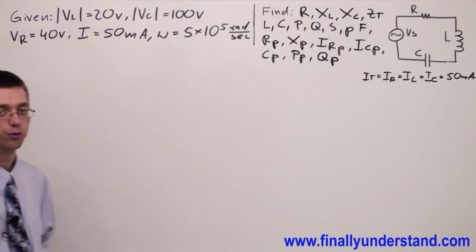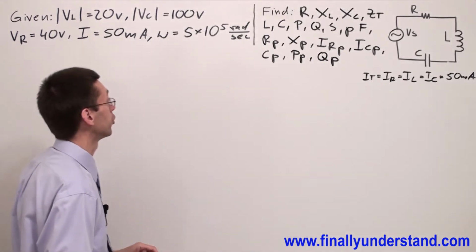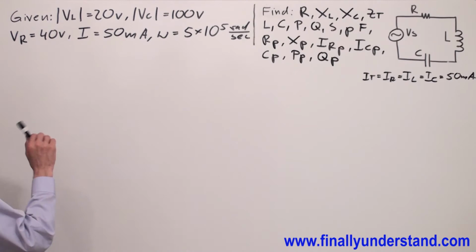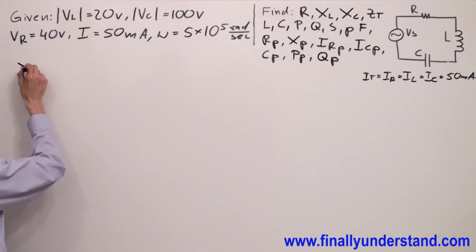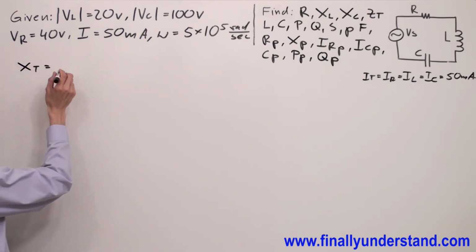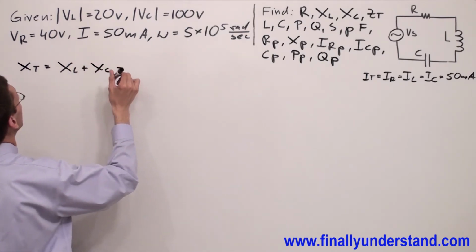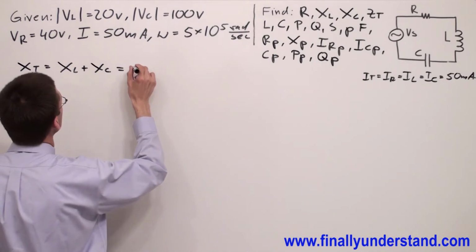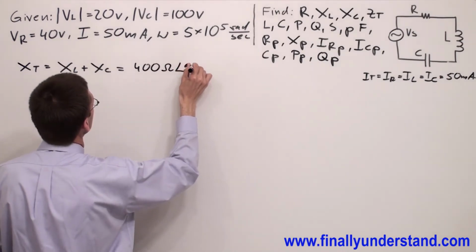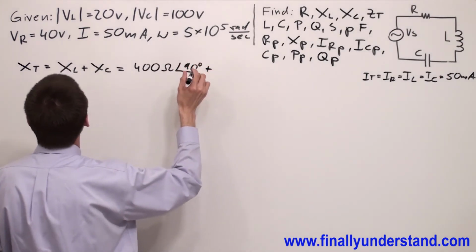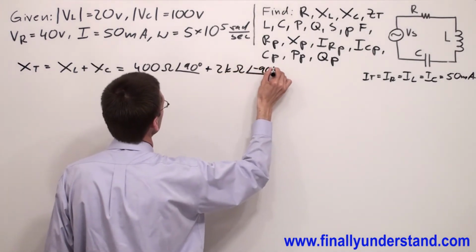Now, we are going to find the reactive power in the series circuit. Before I write the formula for the reactive power, I'm going to find the total reactance in the circuit. So I have X T is equal to X of L plus X of C. X of L we found is equal to 400 ohms, an angle of 90 degrees, plus X of C, which is equal to 2 kiloohms, an angle of negative 90 degrees.